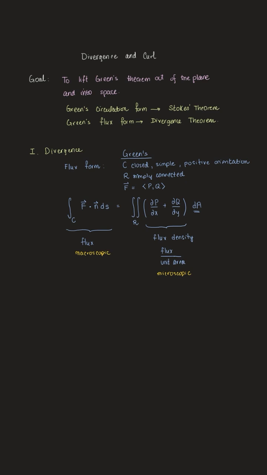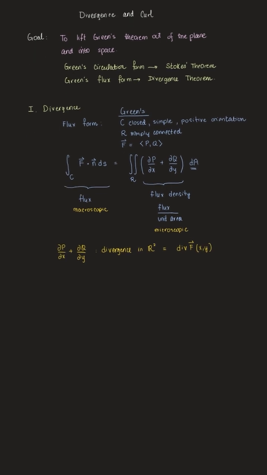Good. And so this quantity dP dx plus dQ dy is what we call the divergence in R2 of our vector field. We also label this div F. And of course, this is a vector field that is in R2 for now.